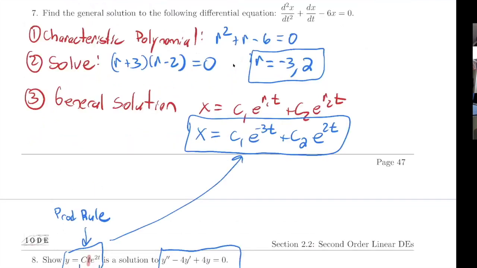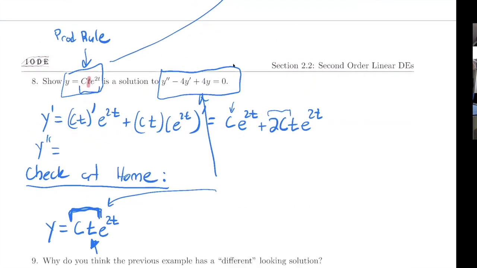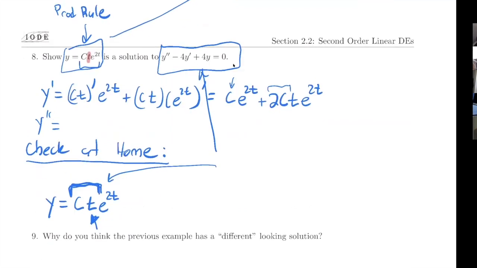What is it about this equation that's giving us a different looking solution? The negative sign on the linear portion of it. So we have a negative sign over here. That's right. That in itself won't always cause this difference.